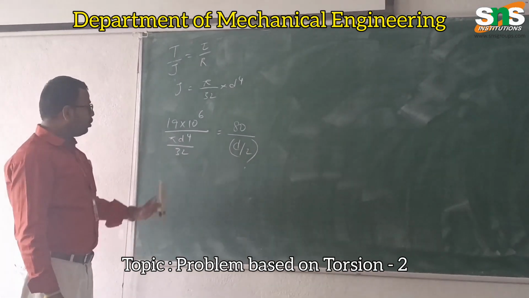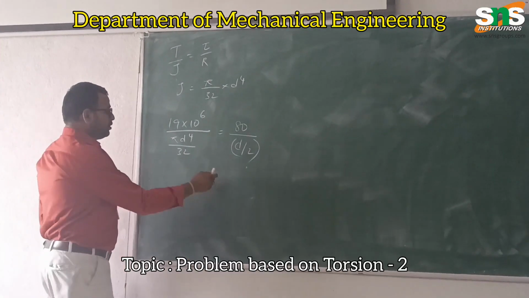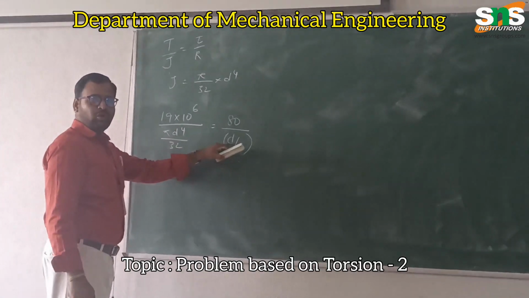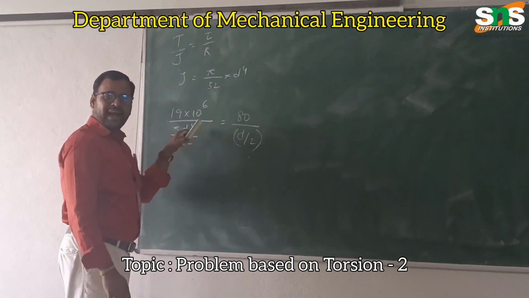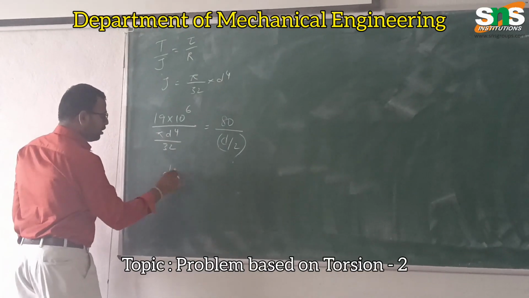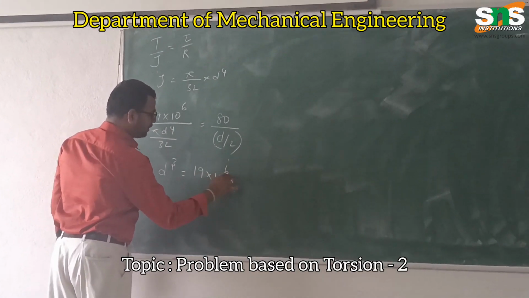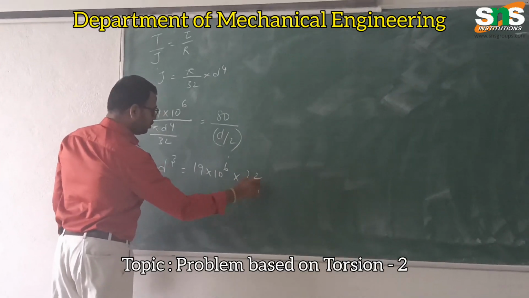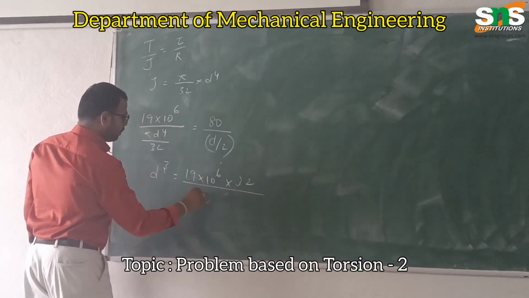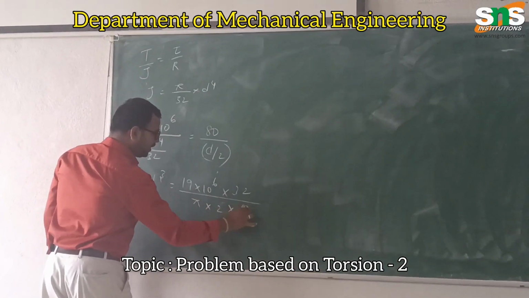Clear? Now you can substitute it in. So d power 4 by d, the d can be cancelled. So d power 3 is equal to 19 into 10 to the power 6 into 32 divided by pi into 2 into 80.